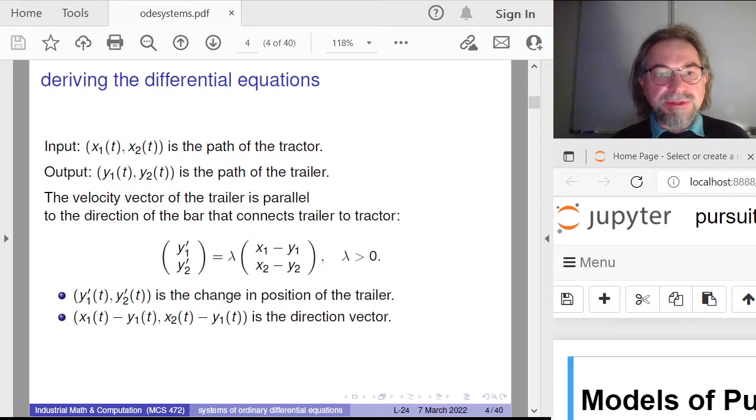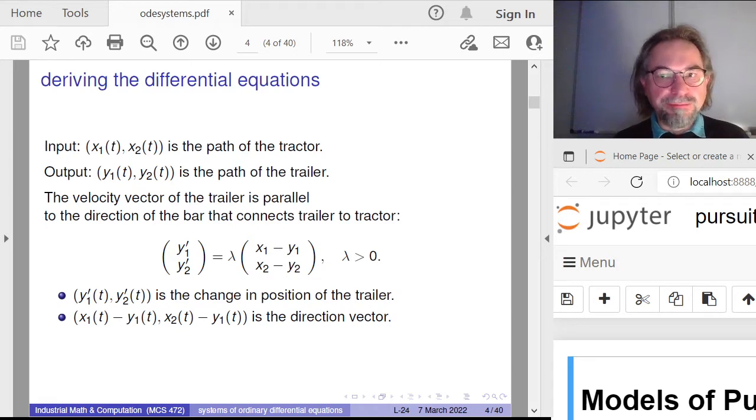What happens is, most importantly, that the change in the position is in the orientation, in the direction of the tractor. So the trailer orients itself in the direction of the tractor.